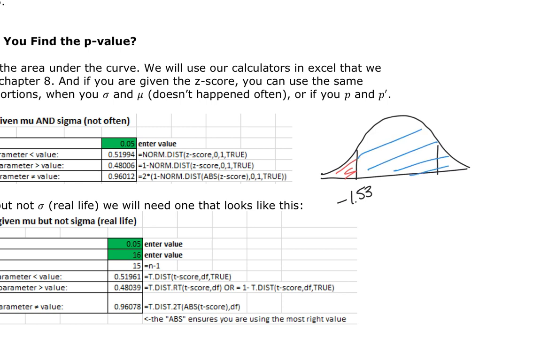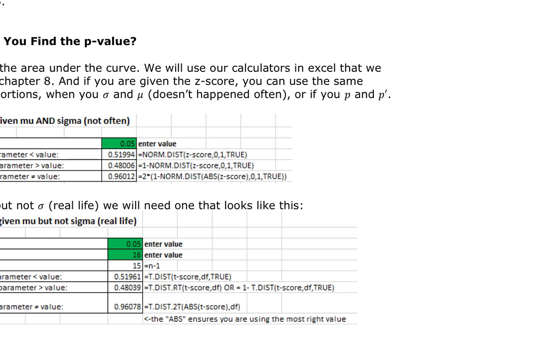Cool. But what if instead of the area above and the area below, what if you want the tails? You want to cut this into two. So when you do the two-tailed test, if your z-score happens to be negative, say it was a negative 1.53, and I just do the 1 minus the norm.dist, then I'm going to get all of this area again.